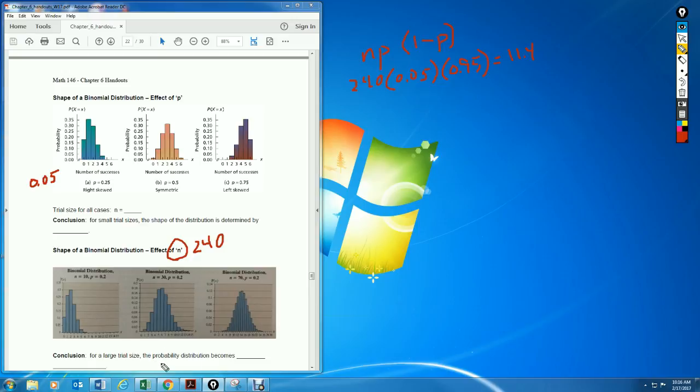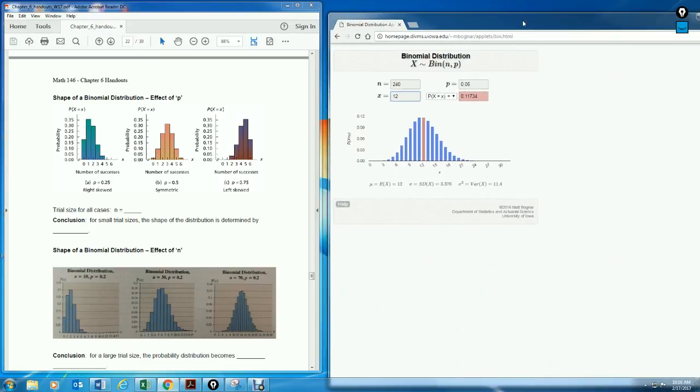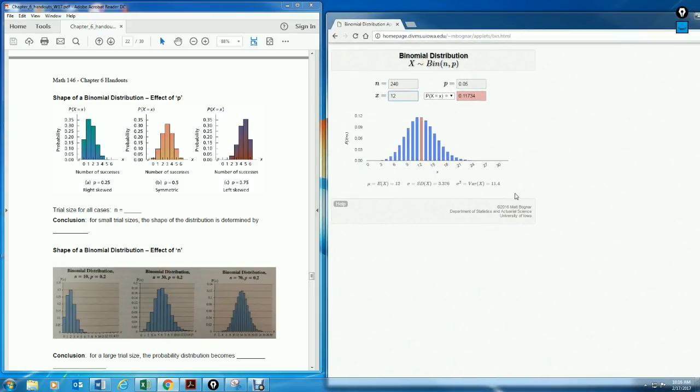And again, if you come down here to the bottom, if that number is greater than 10, then it will be approximately bell-shaped. So we would expect that this distribution is bell-shaped. And in fact, I already showed you the plot of the distribution right here. And you can see that it is pretty much bell-shaped.